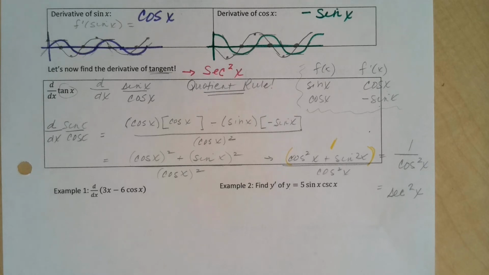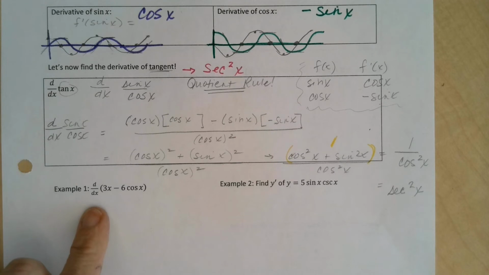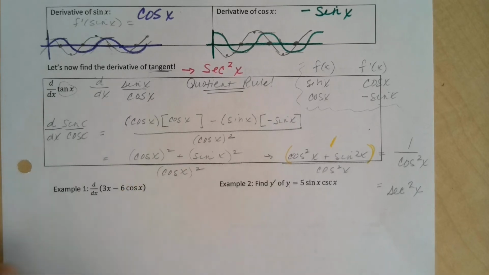All right. Here's some examples. Finding the derivative of 3x minus 6 cosine x. Because see how this is negative? The derivative of the cosine of x is negative sine.